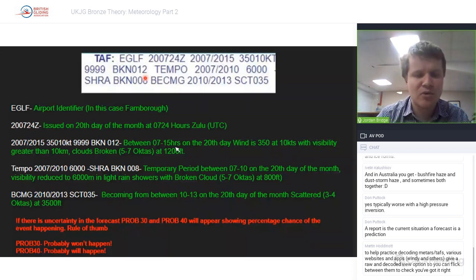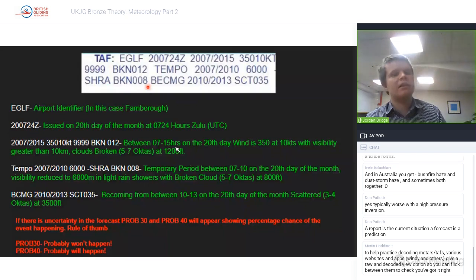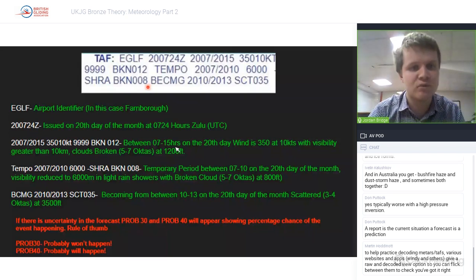Now we get a little bit more detail here, because there are maybe a couple of changes going on during the day. TEMPO is showing here temporary between 7 and 10, 6,000 meters, showers of rain, broken 800 feet. So we know that there's a reasonable chance.